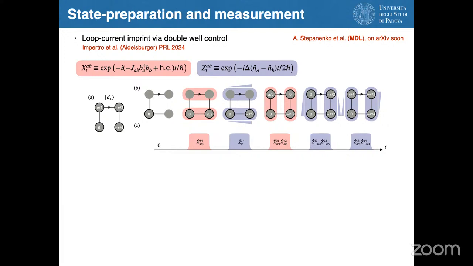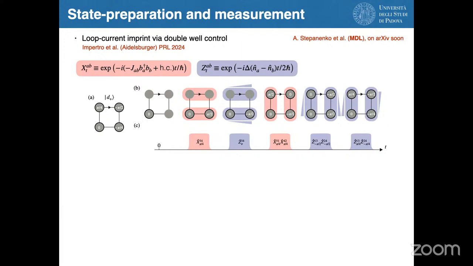And we exploit a method that was recently shown experimentally by the group of Monika Aidelsburger in Munich, using a double-well control. So let's say you take a plaquette, you split the plaquette into dimers, pairs of sites, and for every dimer you do two operations. Operation one is tunneling. It's a unitary operation which allows you to transport particles.